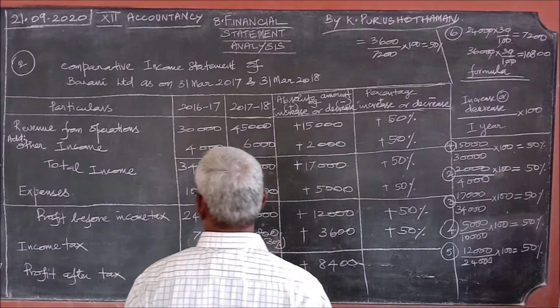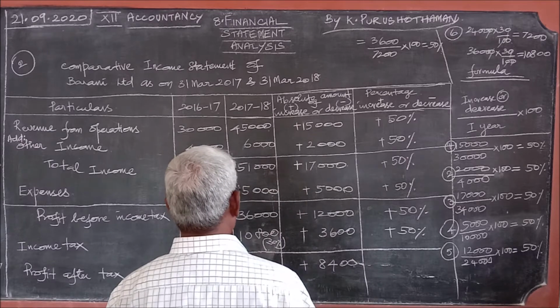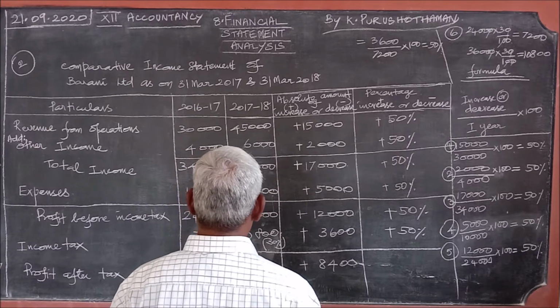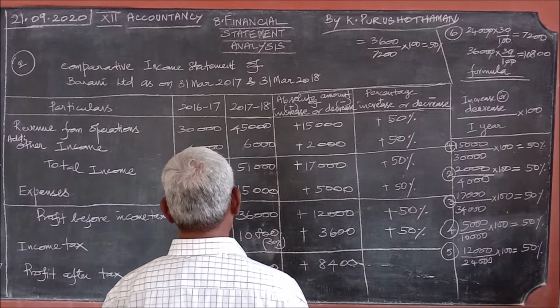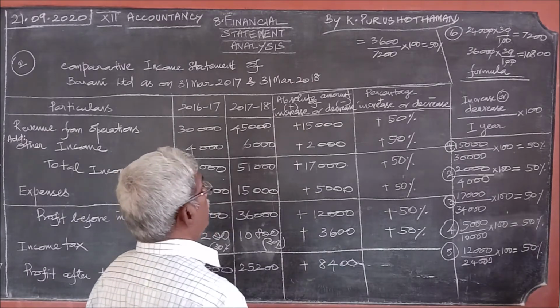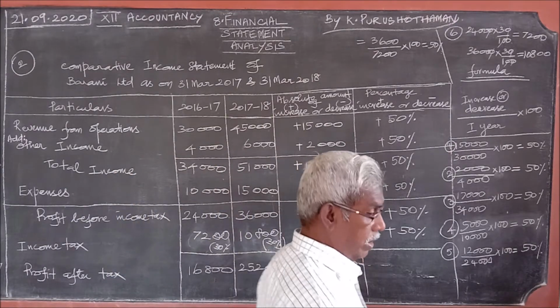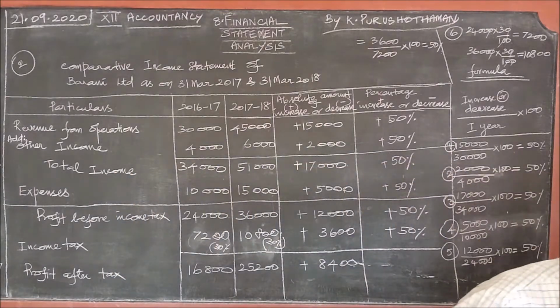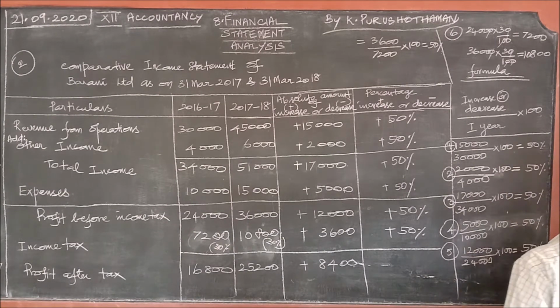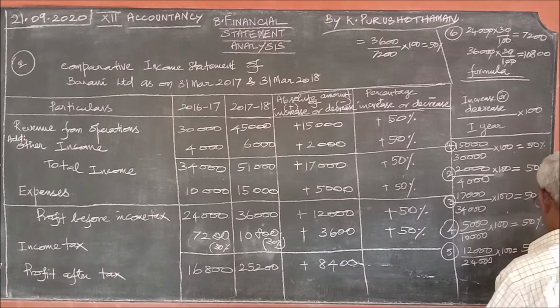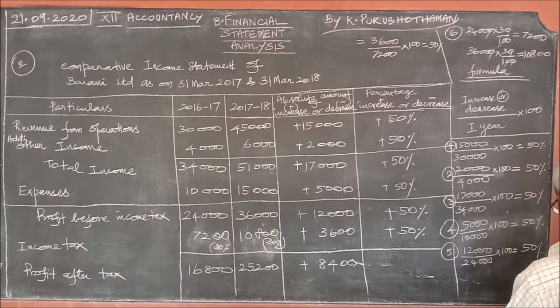This is the increase in profit after tax. Right. This is the format we should follow. This type of problem, if you do again and again, you can find easy to answer. Don't think it is very difficult, it is an easy chapter.